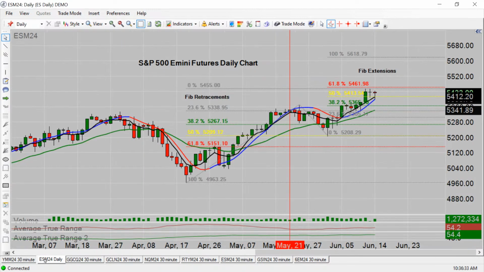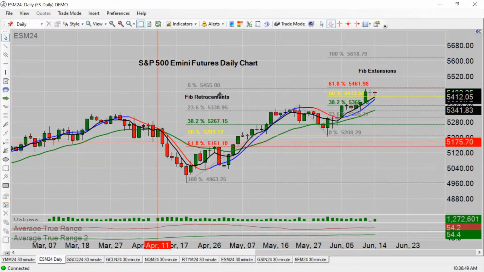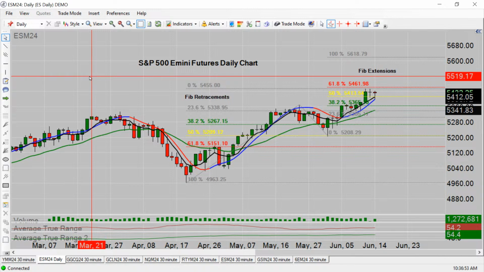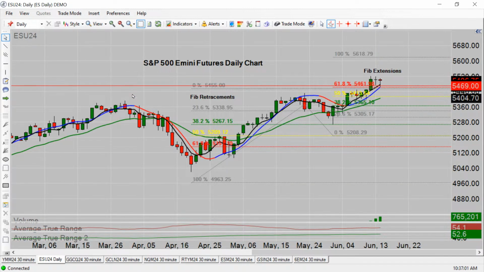One last look at the daily chart. Now again, when we go live Sunday night, all of the indices and the euro will be on the U contract. This is your last look at the M. So we'll have to do some adjustments because right now, if I just change this to ESU, see it's different.